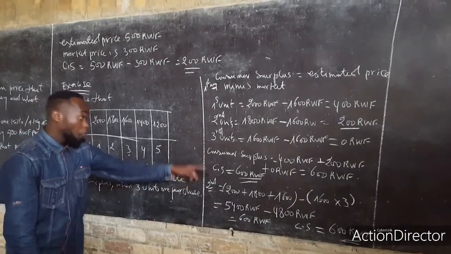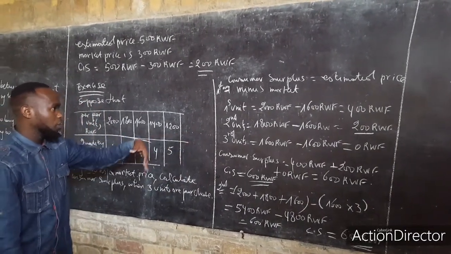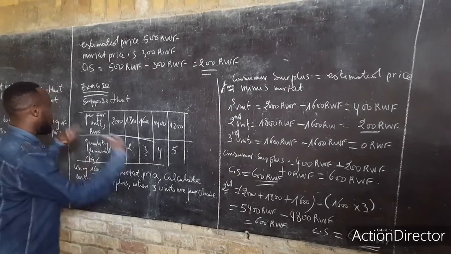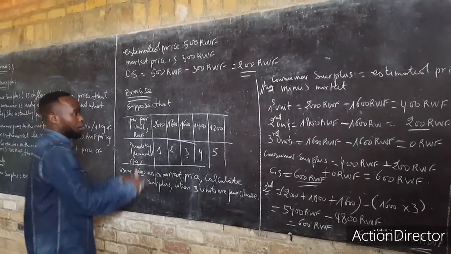Okay. We approach another way by using a demand curve, because the consumer here is considered as a demand.